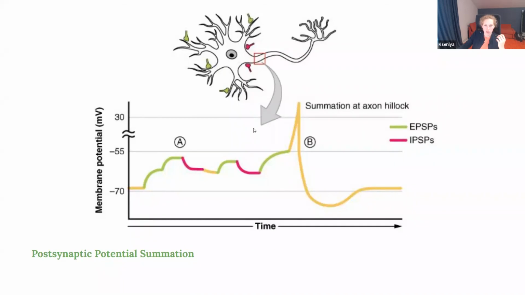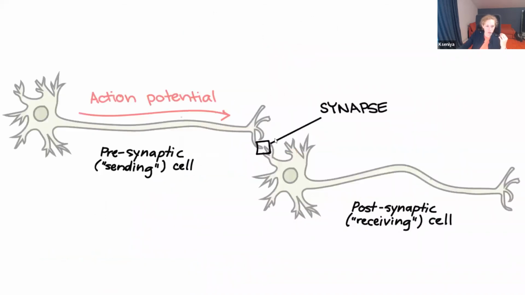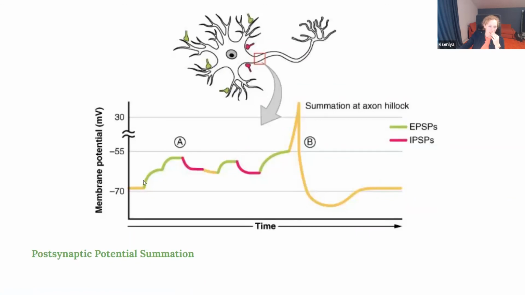Sometimes one signal from one presynaptic cell is not enough to excite the postsynaptic, or receiving, cell. That's why, here you can see the green lines. The green line is not enough to excite the next neuron.